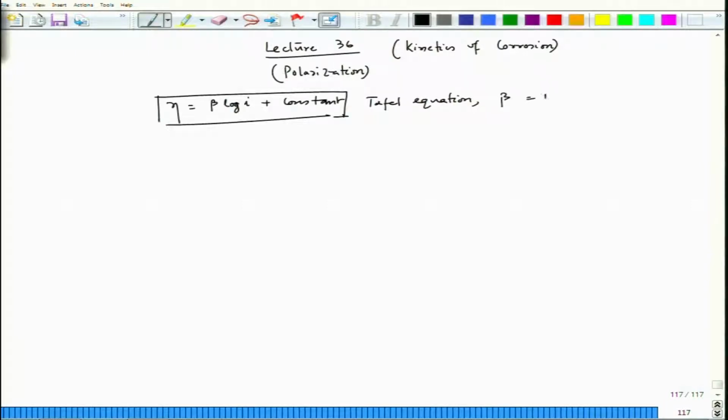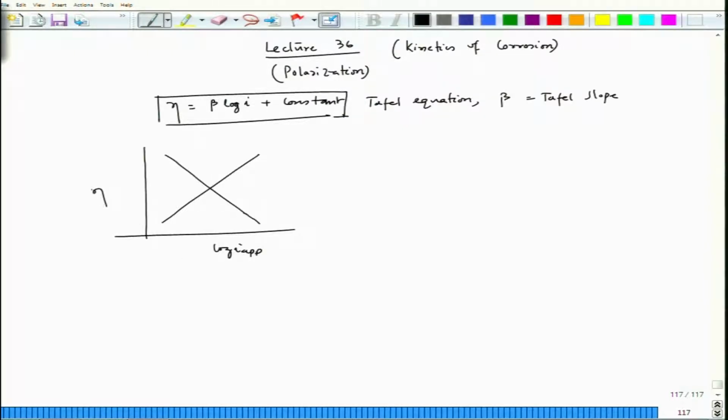Beta is Tafel slope, and there also we have seen how the experimental log I applied varies with over voltage. This is the point with I0 and it varies like this.